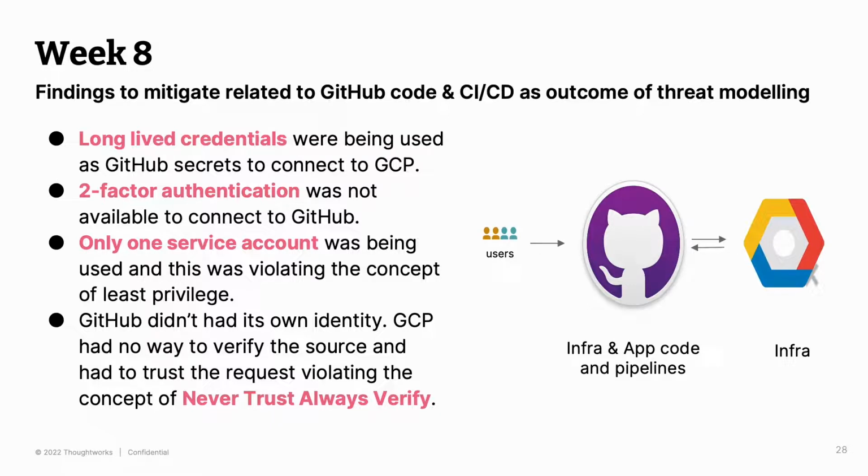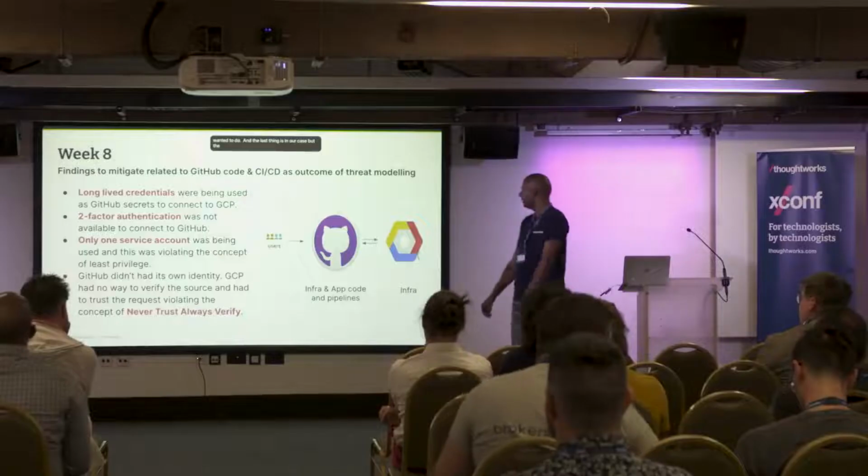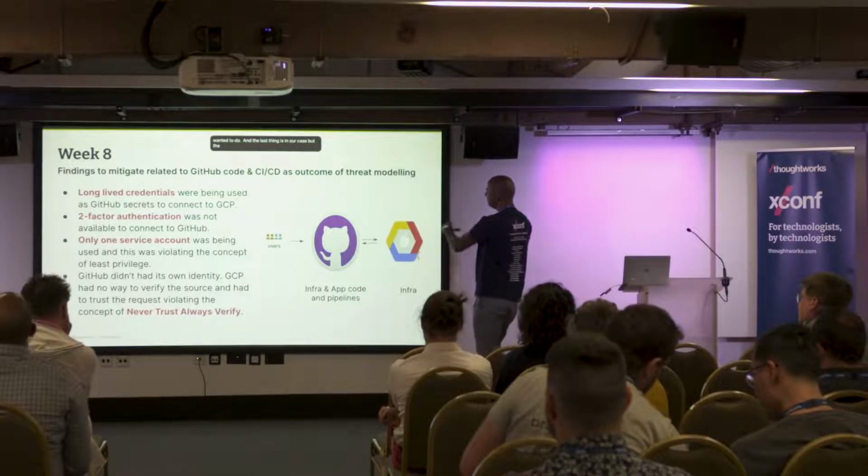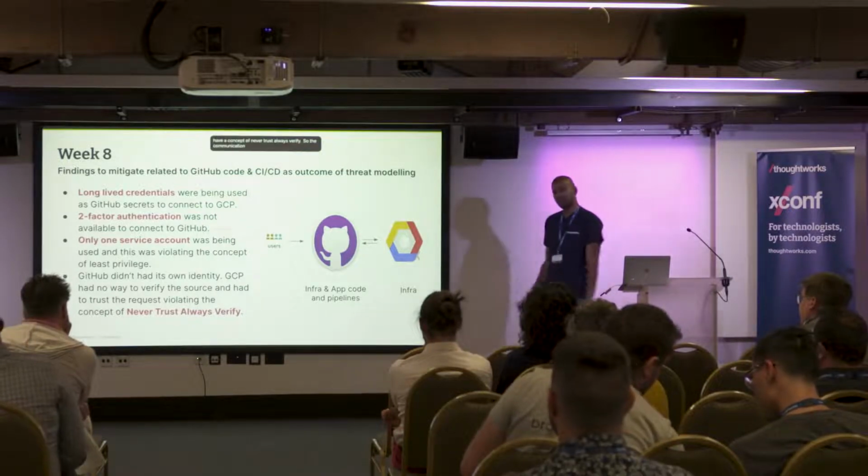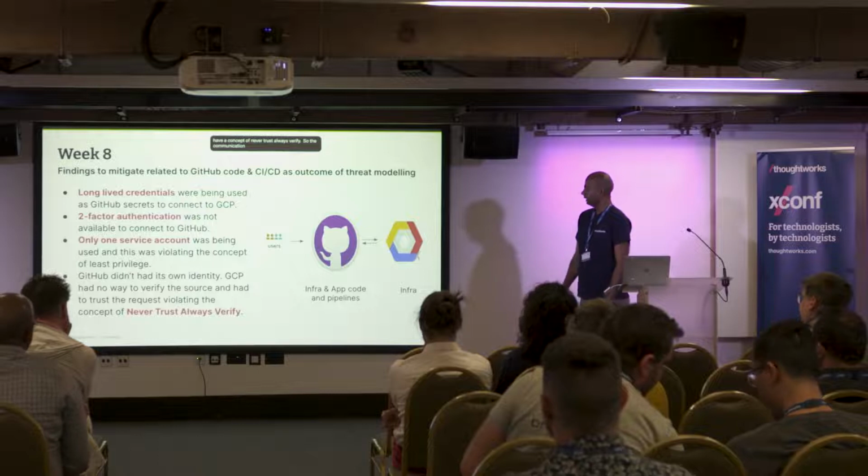It had everything you wanted it to do. And the last thing, in our case, the GitHub system had no specific identity, which means we did not have the concept of never trust, always verify. The communication between GitHub and GCP was always trusted, and that wasn't right.